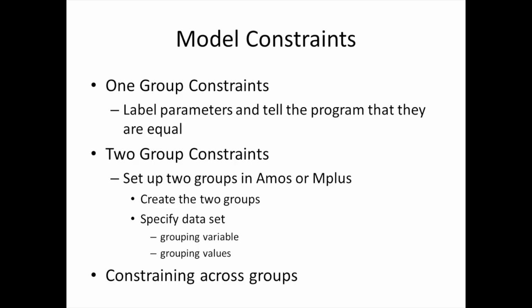A lot of times we'll do this in multiple groups, in which case we need to set up the groups and specify the data for the two groups using the grouping variable and grouping value. I'll show you how to do this, and then you constrain across those groups.